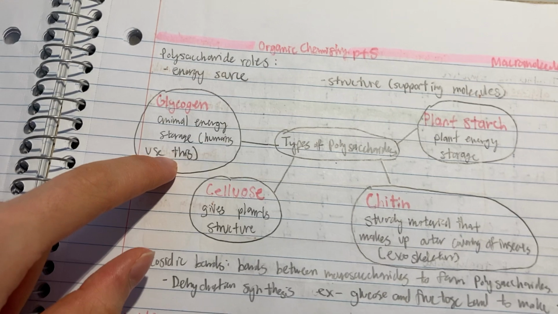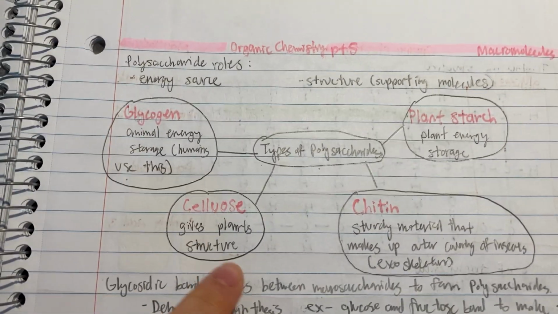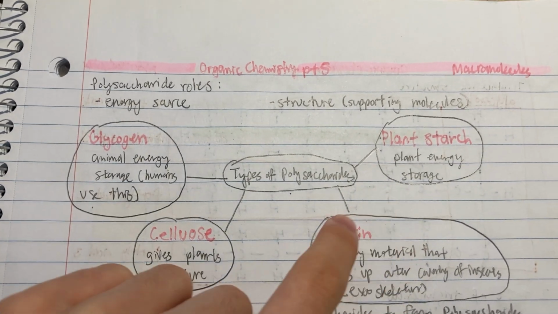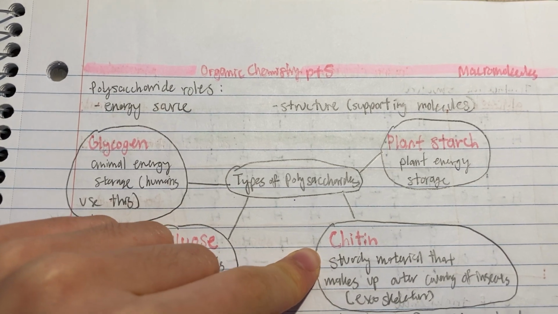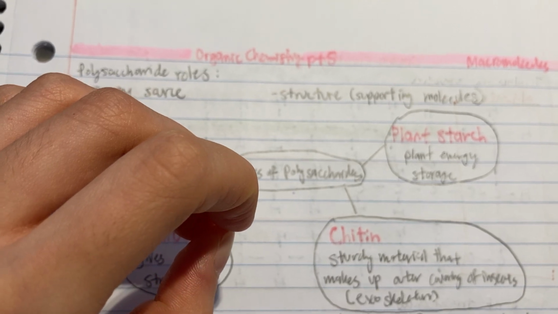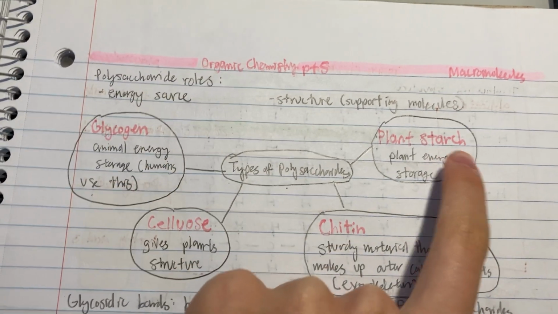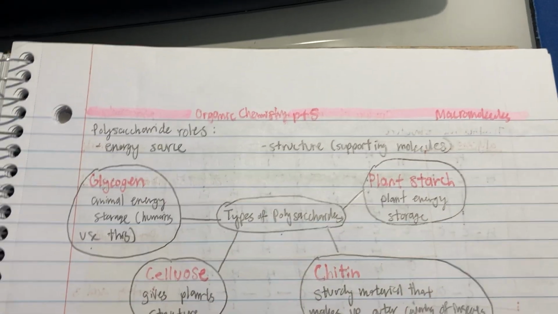Cellulose is what gives plants their structure. Chitin is basically the sturdy material that makes up the outer shell of insects. Think like the shells of lobsters. Insects or other animals. And plant starch is what plants use to store their energy.